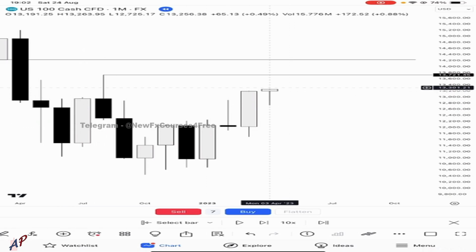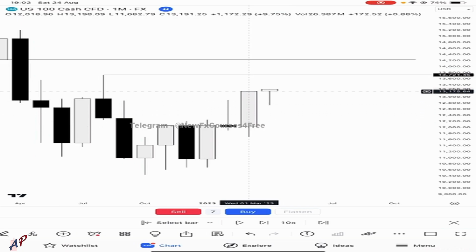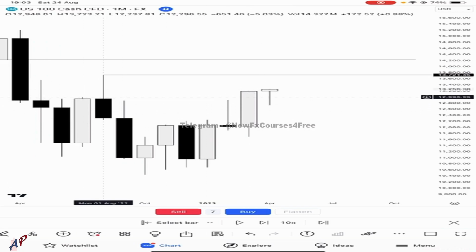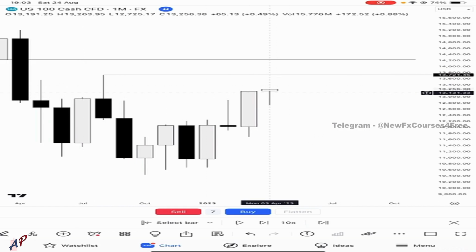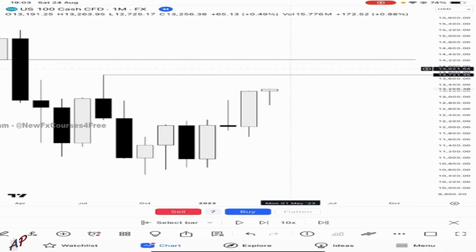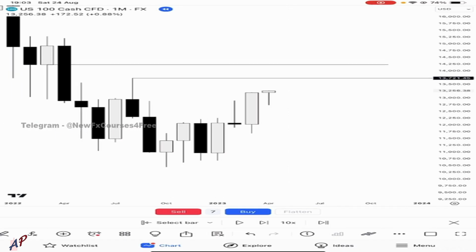We can't go down because there is this monthly order block blocking our way. After an expansion that has reached our first target, this rejection block, we witness a consolidation, a doji candle, so that's good. And now nothing can stop a thick, bulky green candle to the target.